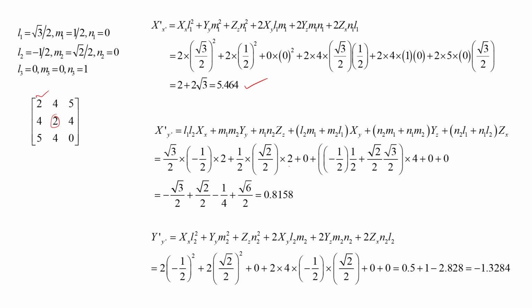Plus the N1 N2 term, which is 0, because N1 and N2 are equal to 0 here, plus the term L2 M1 plus M2 L1, where L2 is minus half and M1 is half, plus M2, root 2 by 2, into L1, multiplied by sigma xy, which is equal to 4.